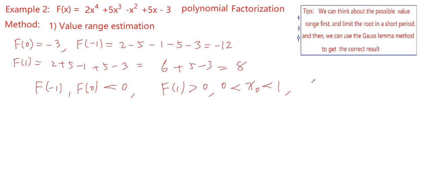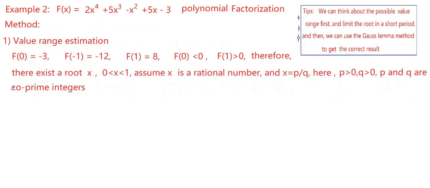And this one we can say it is p divided by q. So you can think p and q are both greater than 0. Next step, we use the Gauss-Lehmann method.